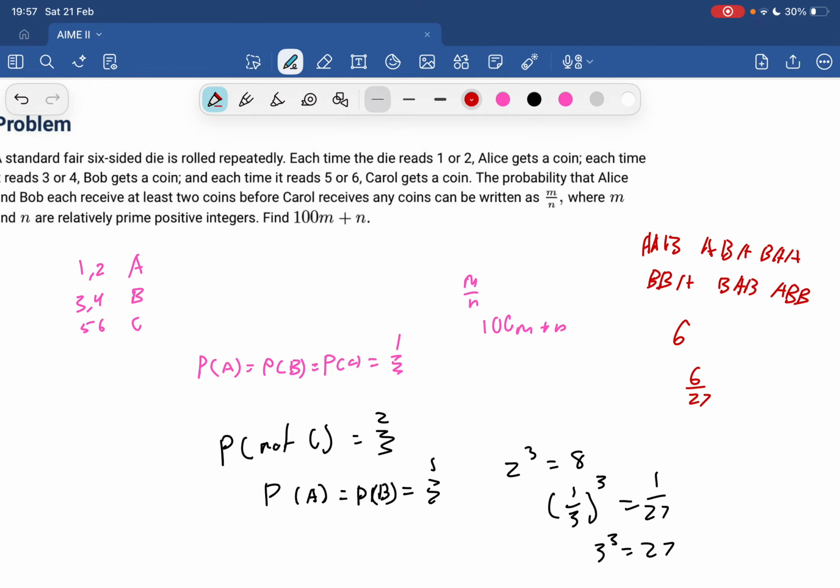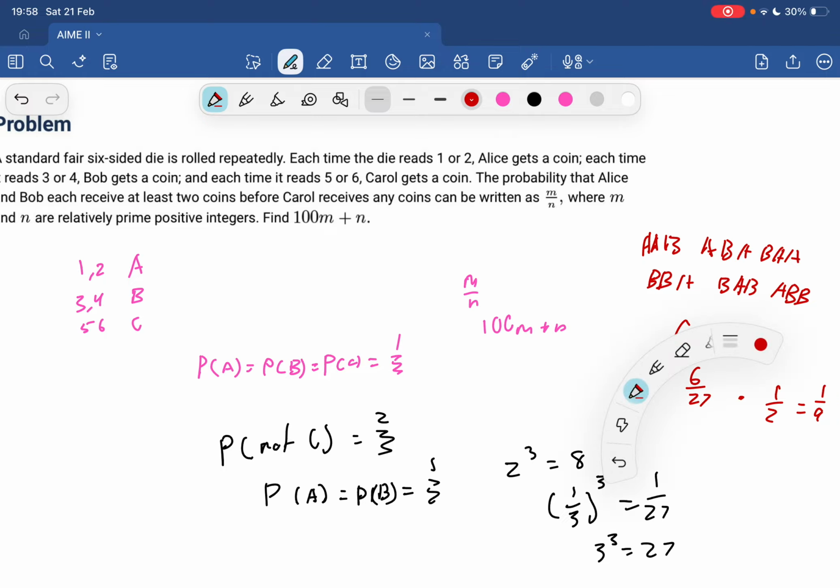Now, the player with 1 coin must get 1 more before the other player gets 3, or before Carol appears. Since we can ignore Carol for the moment, it's between A and B. So the probability that the player with 1 coin gets the next coin before the other gets 2 more will be 1 over 2. Therefore, it will be 6 over 27 times 1 over 2, which is 1 over 9.